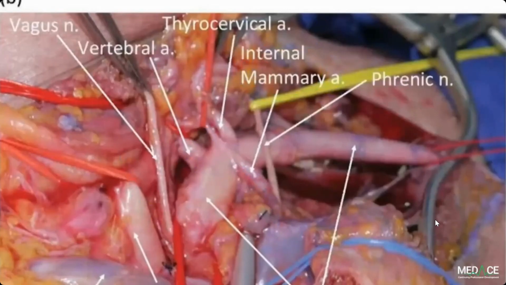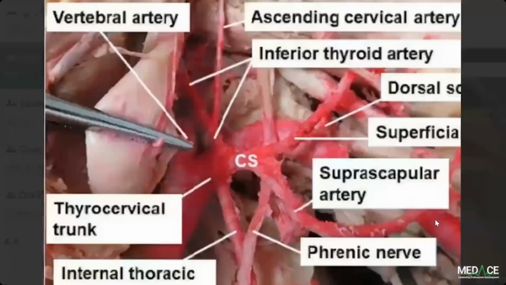We have another picture. One of these two pictures, by the way, the feedback came for me. Here you can find again the internal thoracic or internal mammary. This is a branch of what? Of subclavian.